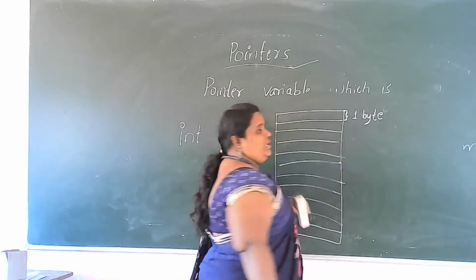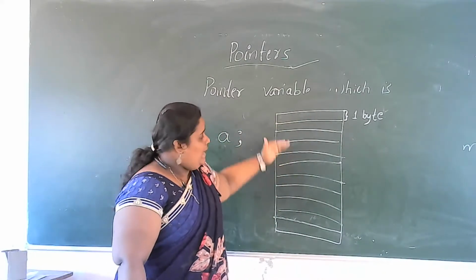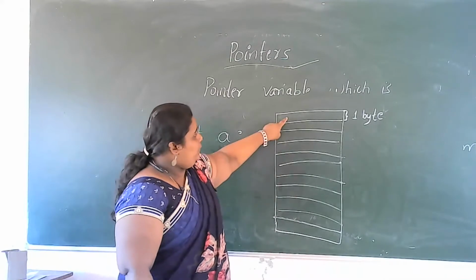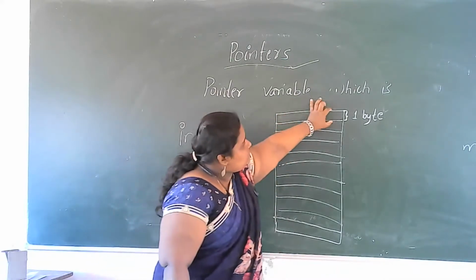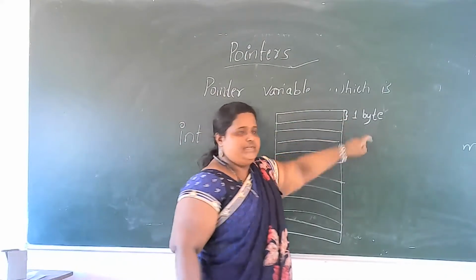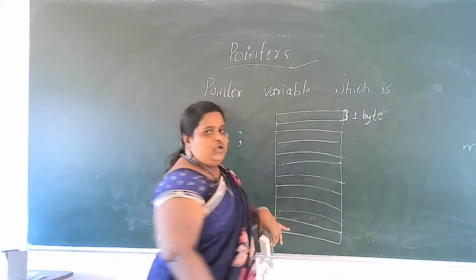Computer memory is divided into n number of blocks, and each block is of size 1 byte.